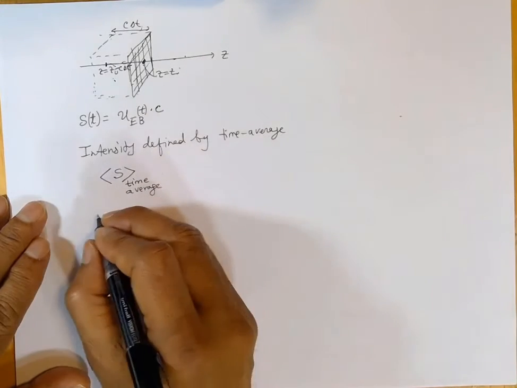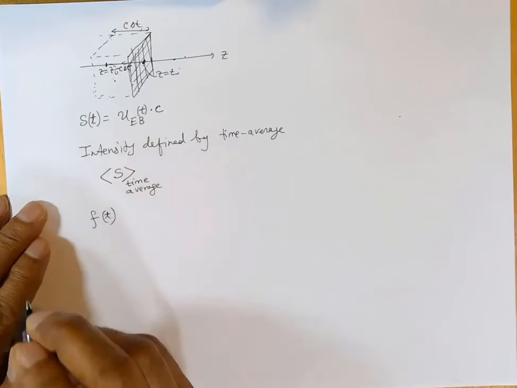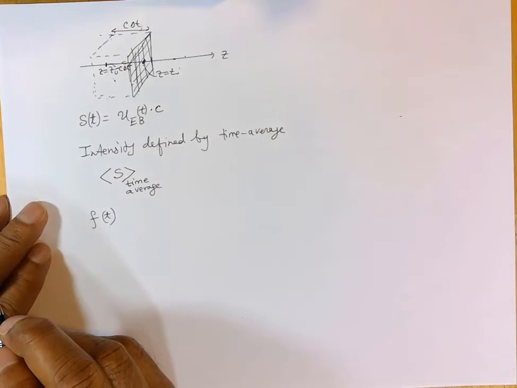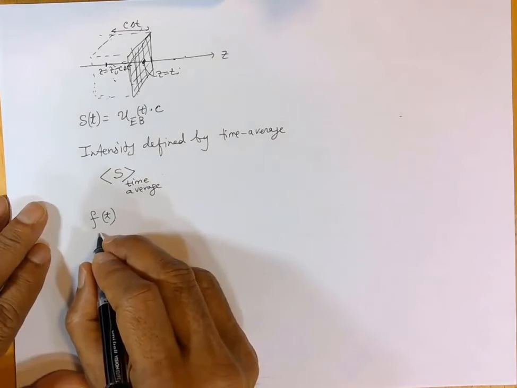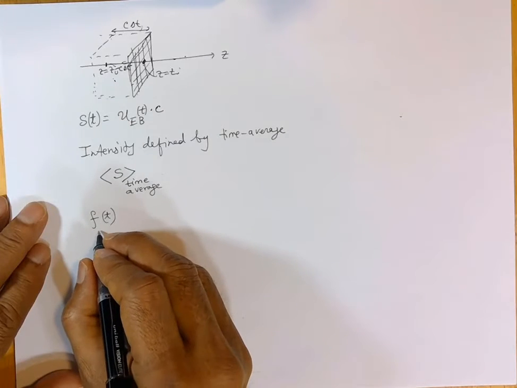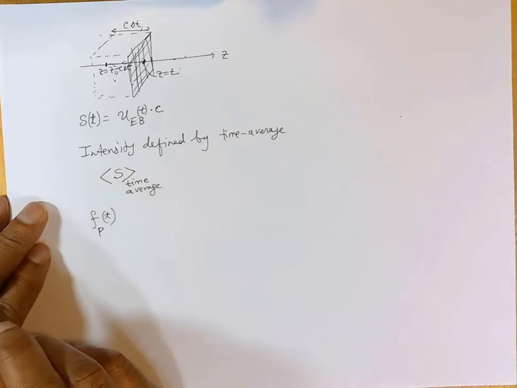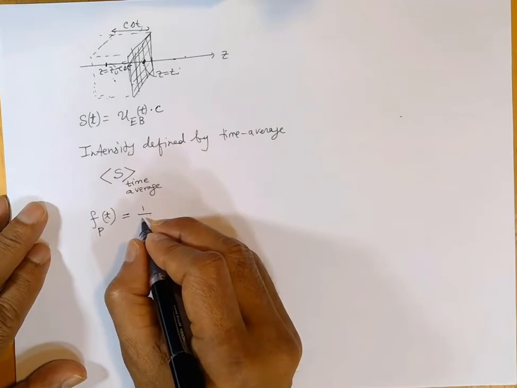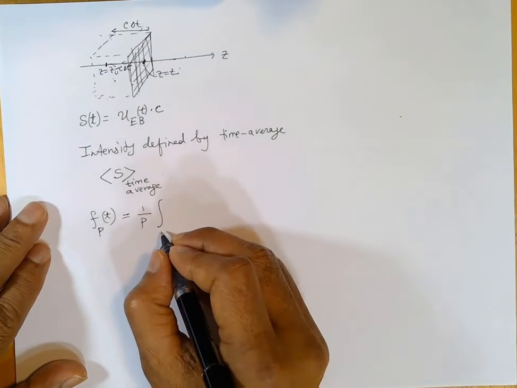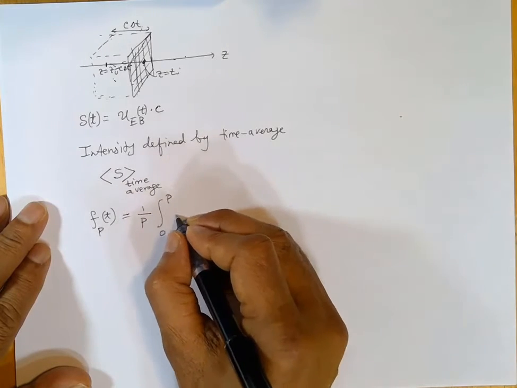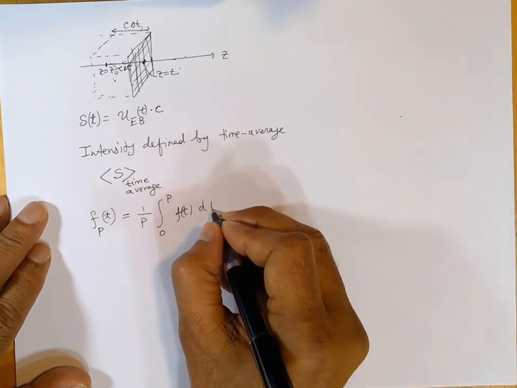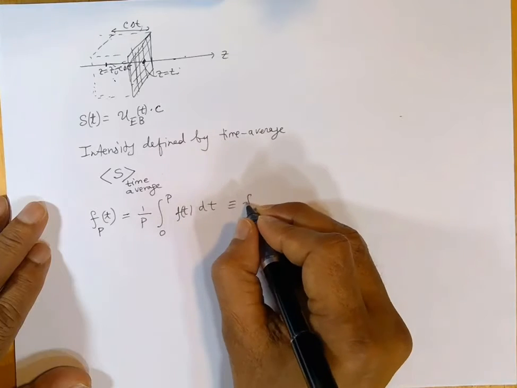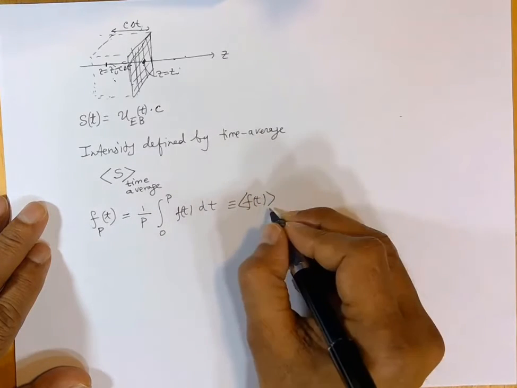So when you have a function f of t, how do you time average it? If it's periodic, the answer is very simple. You just have 1 over the period, integral from 0 to the period of f of t dt. That's what I will say for f of t time average.